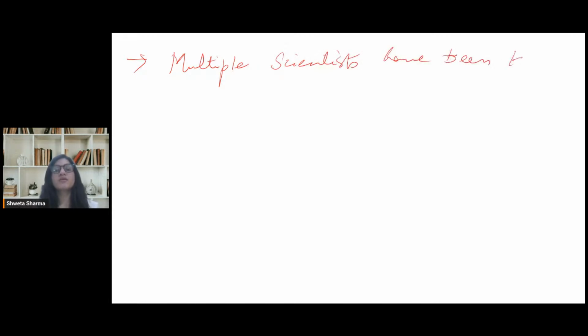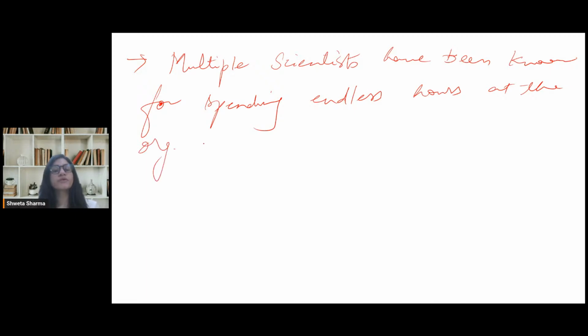And there's a sentence which says: multiple scientists have been known for spending endless hours at the organization, and ISRO is home to them.